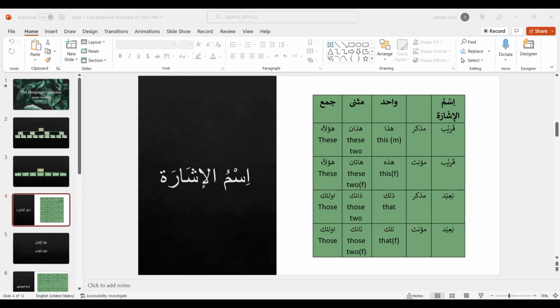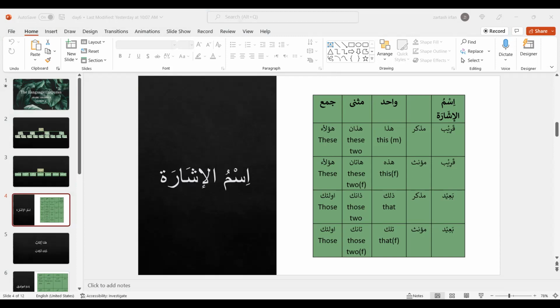First, Wahid, that's Mufrad. For Muzakkar, it is Haza, which means this. For the Musanna, it's Hazani, these two. And for Jama, it's Haulai, these all, or more than 2.